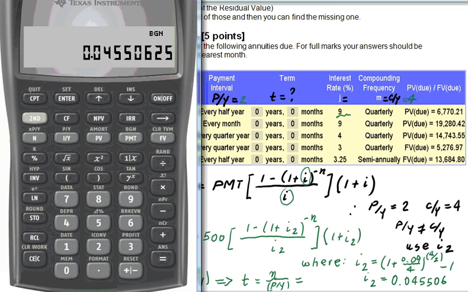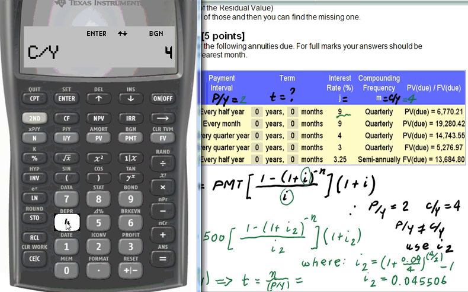So we're going to go second function, clear time value of money, 0 for n because we don't know that. Then interest rate is 9%, so it's 9 I over Y. Second function I over Y, we have 2 payments per year, so we have to override that, enter. Then scroll down, number of compounding periods per year is 4, enter.